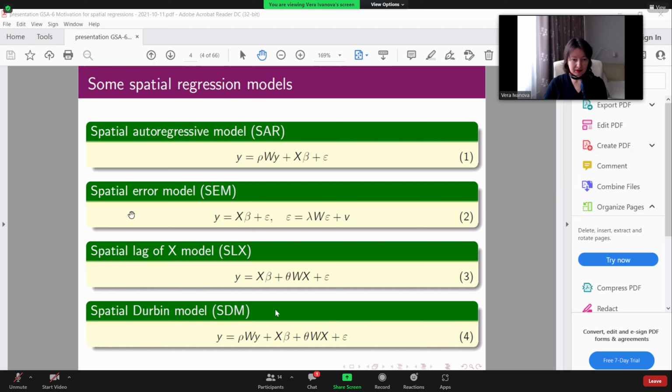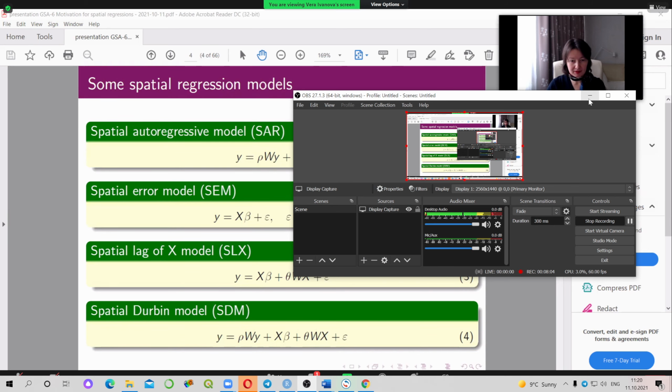Let's consider the spatial lag of the error term. That is, we include W epsilon, and yes, Y is a vector here. That's right. Y is a vector, X is a matrix, W is a matrix, beta is a vector.